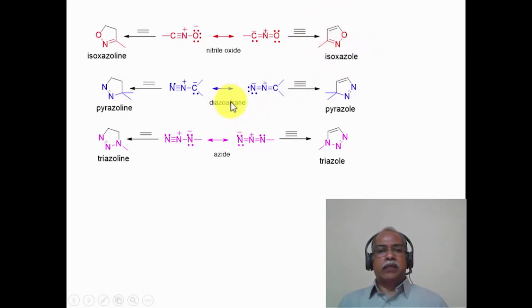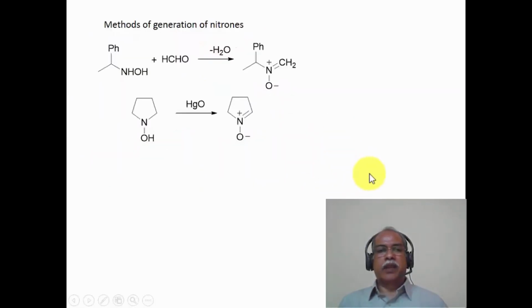With the diazoalkane, this is a very common reaction. Diazoalkanes produce pyrazoline or pyrazole; this is a 3H-pyrazole that is produced in this particular case. Depending upon whether it is alkene or alkyne, one can produce these two types of heterocyclic derivatives. Azides undergo cycloaddition reaction with alkenes to produce triazoline, or with alkynes to produce triazole, which is an aromatic heterocyclic compound in this particular case.